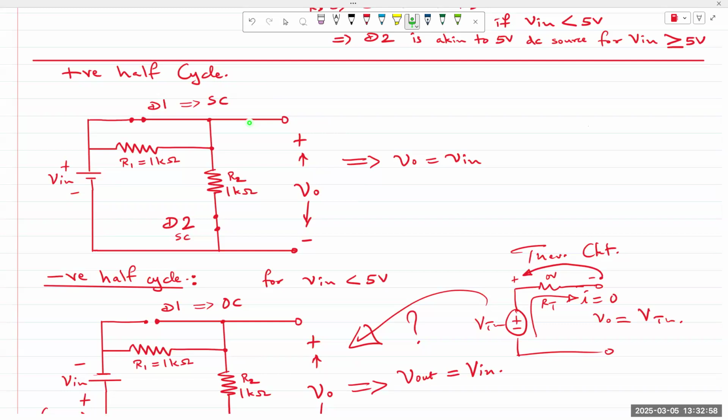Remember, Zener diodes work in reverse bias, but as long as the input voltage across the Zener diode is below the Zener voltage, the diode remains off, meaning it behaves like an open circuit. So as long as V in is less than VZ, in this case 5 volts, the diode remains off.